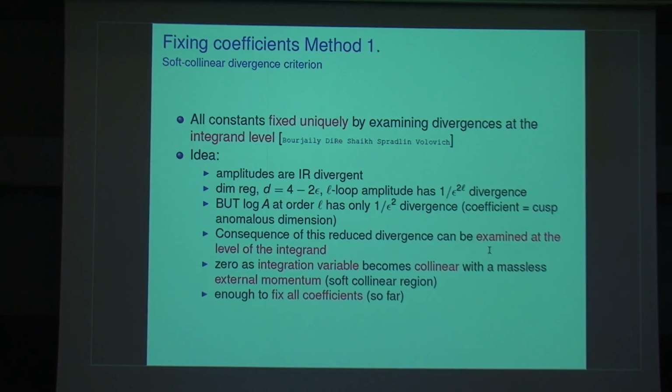I'll show this in a bit more detail in a moment, in a slightly different context. But this means there's a zero as one of the integration variables becomes collinear with one of the external momenta. And this criterion is enough to fix all the coefficients.